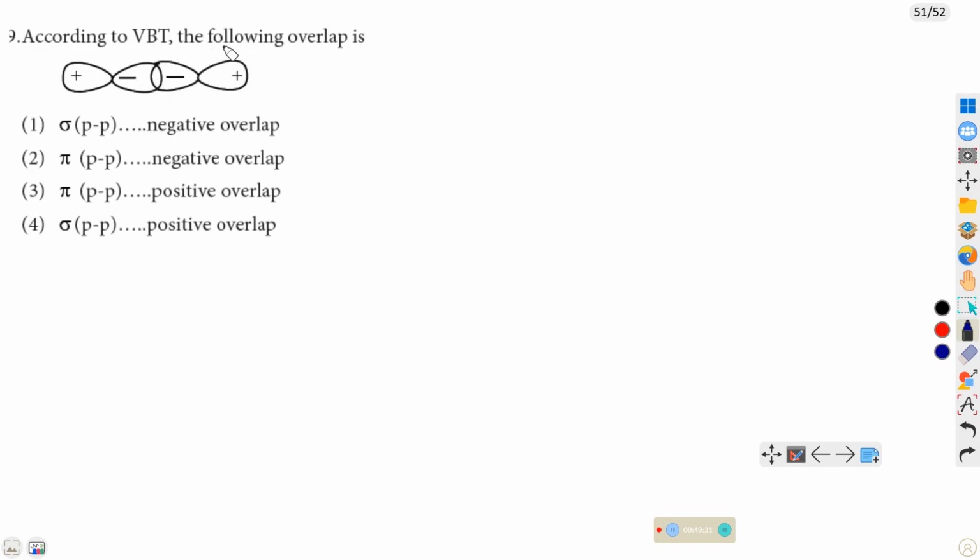According to valence bond theory, the following overlap is, this is nothing but, due to axial overlapping, sigma bond is formed. Okay. After that, p orbital. This is dumbbell.